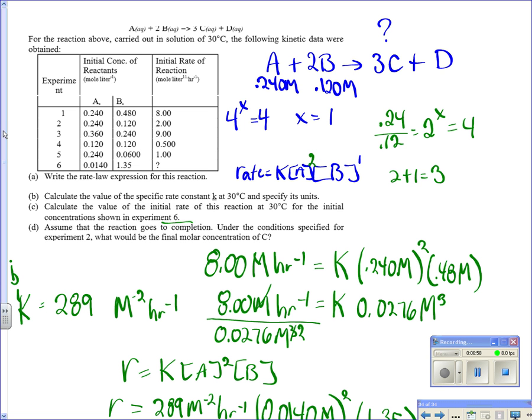So if we take a look, I can see who my limiting reactant is going to be. I need twice as much B as I do A, because the relationship is 2 B's to every 1 A. I don't even have as much B, so that's going to be my limiting reactant.